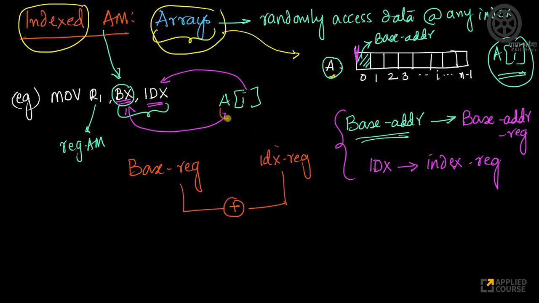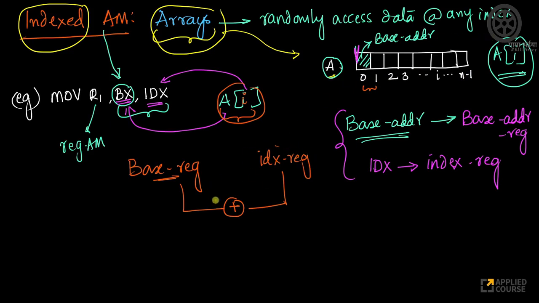Because to locate A[I], I need to add the base register to the value stored in the index. The index stores how far away. This depends on whether we are storing integers, characters, floats, etc. The microprocessor doesn't care about all that part; that's taken care of by the compiler, right?